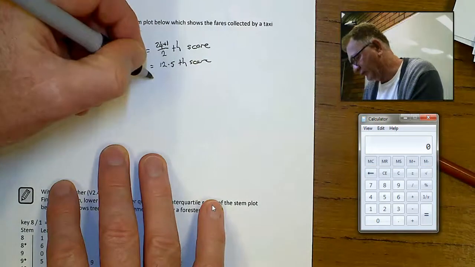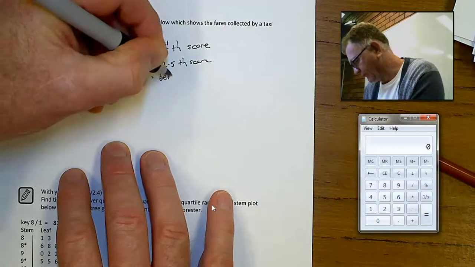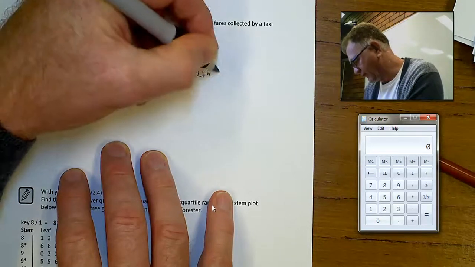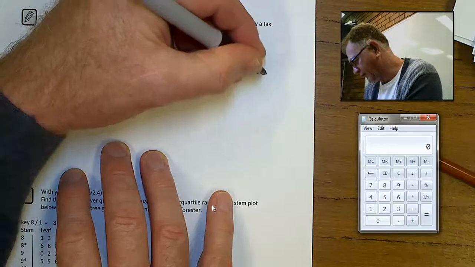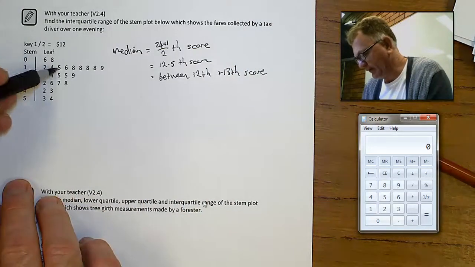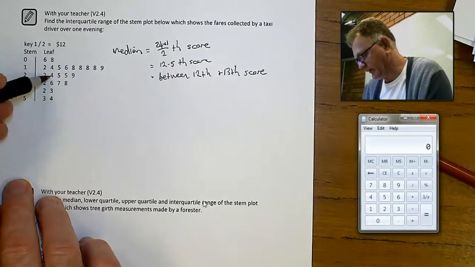Or you could say it's between the 12th and 13th score. So all we have to do is count it up. 1, 2, 3, 4, 5, 6, 7, 8, 9, 10, 12, 13.